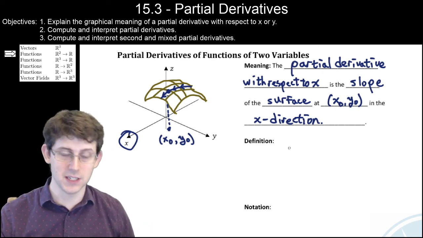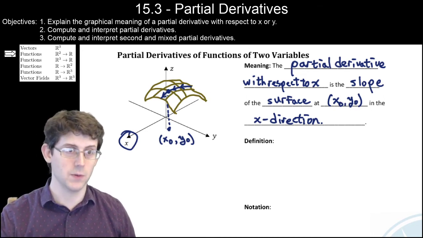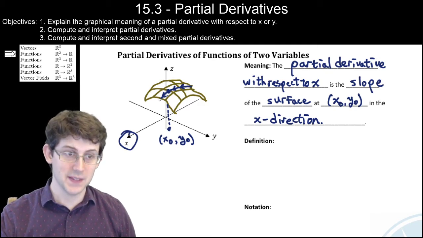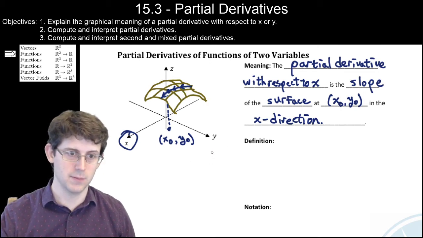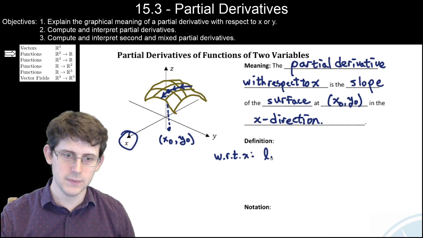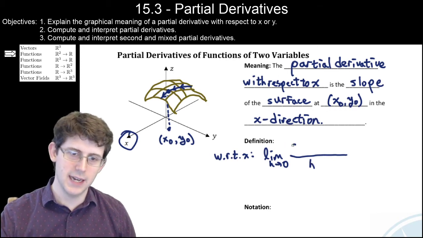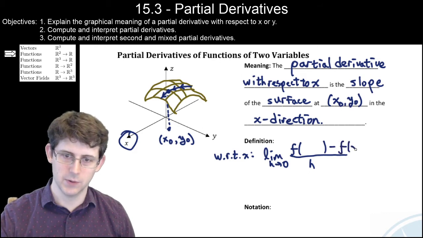Okay, so what's the definition? In order to get this picture to line up with a definition, we say that if you're doing the x partial derivative, you stay on the surface at a fixed value of y. So for the partial derivative with respect to x, we do the exact same thing that we did in Calculus 1, which is we set up a slope. But now we have 2 inputs, and the question is, what do we put in there?